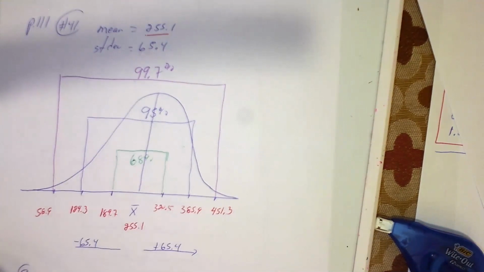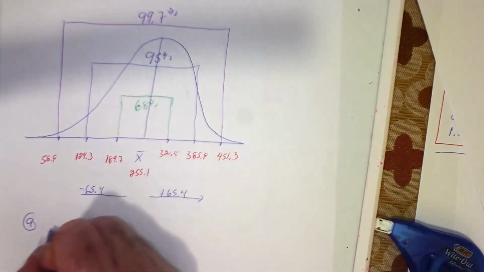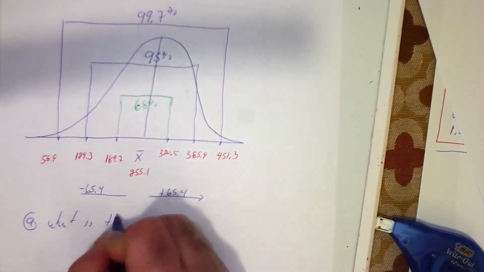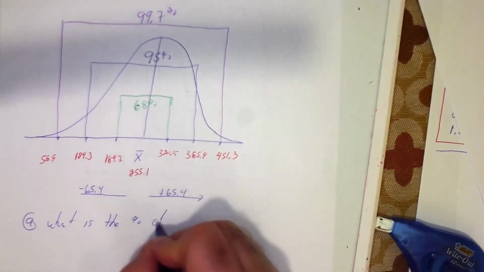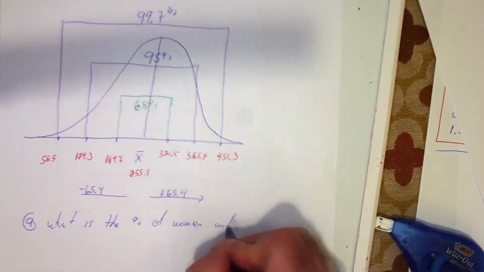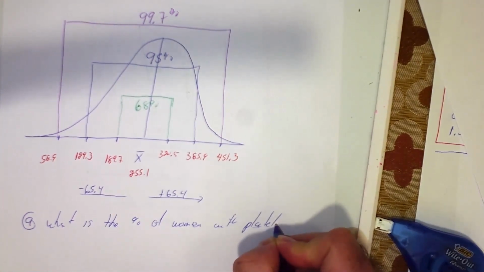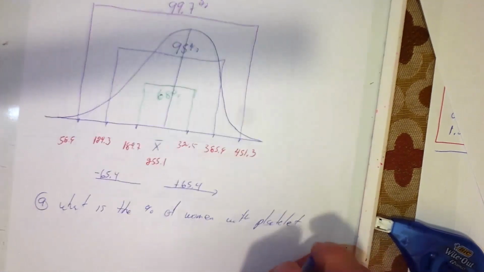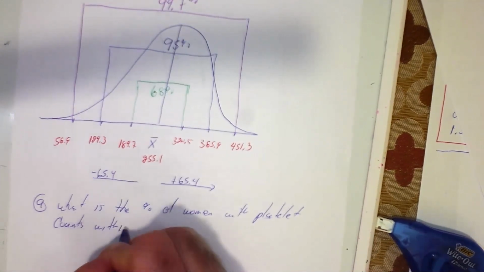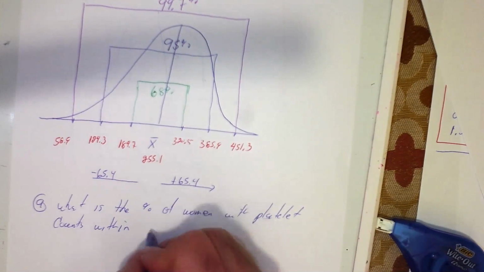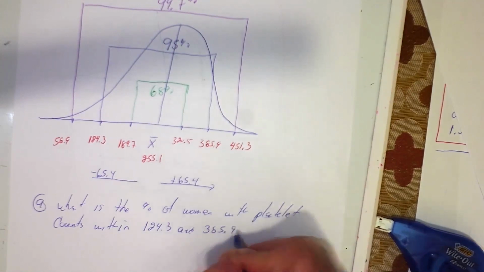So letter A, what did letter A say? What is the percentage of women with platelet counts within 124.3 and 385.9?